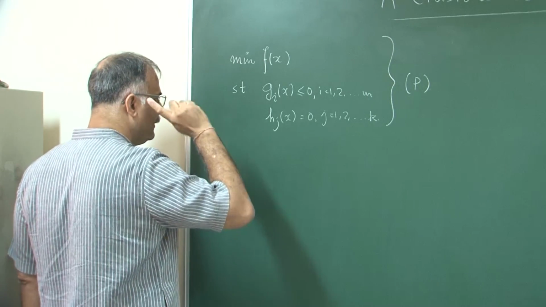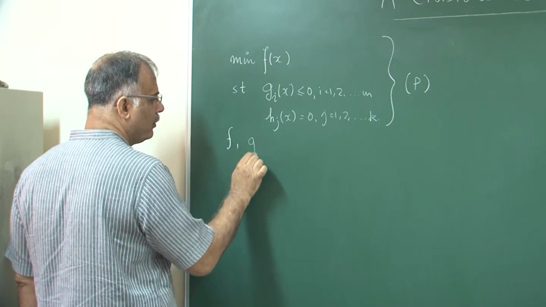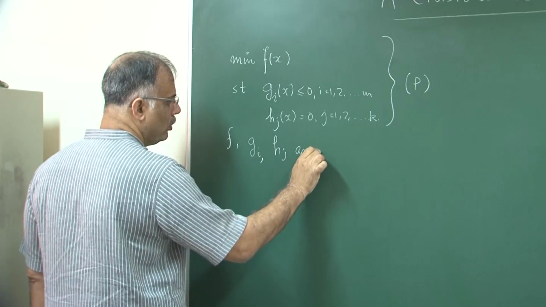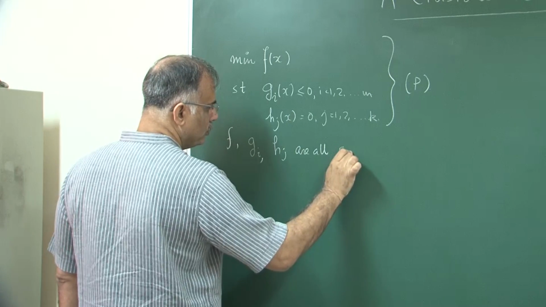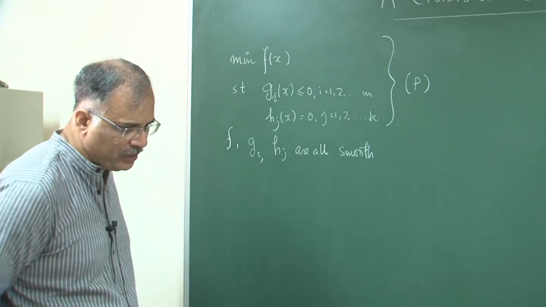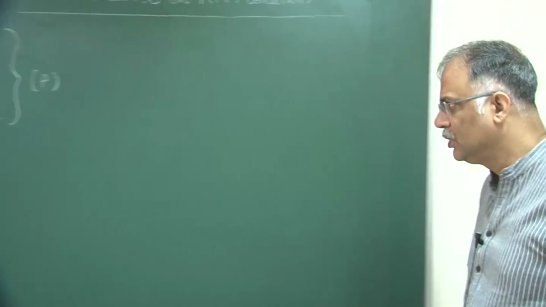So, let us listen here, that here we would assume f, g_i, h_j are all smooth. Smooth means continuously differentiable. They are differentiable, and then the partial derivatives are also continuous.